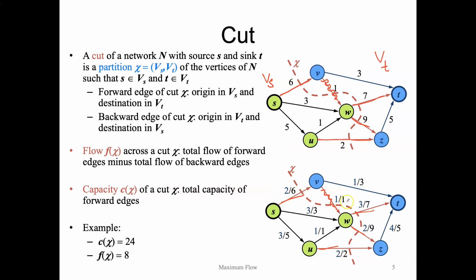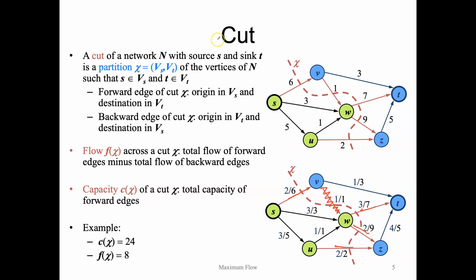So the capacity of this cut is 24. This is 6 plus 3 plus 9 plus 2. We're not including this edge because this is a back edge. We can't send any flow across from VS to VT through this back edge. We can only send flow across forward edges to get to T.